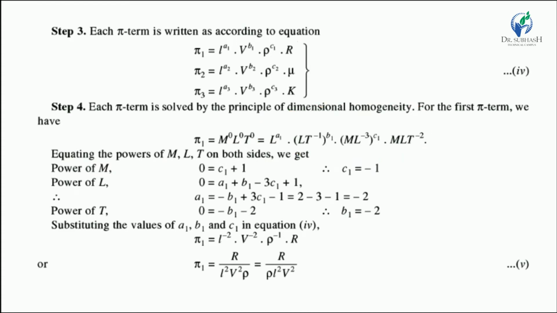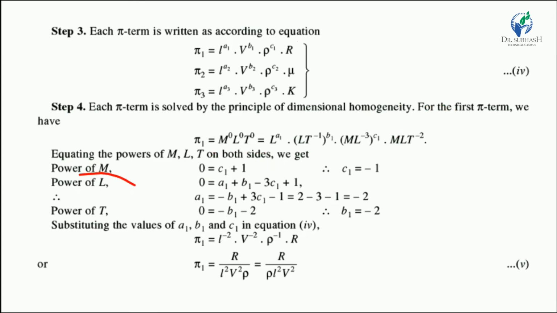Okay. Now we have to compare the powers of MLT on the left side and right side of the equation. First we compare the power of M. We know that the left side has no MLT, so the power of M on the left side is 0. On the right side the power of M is C1 plus 1.